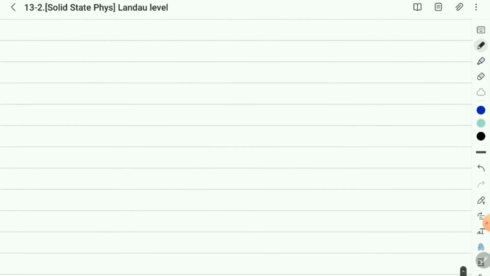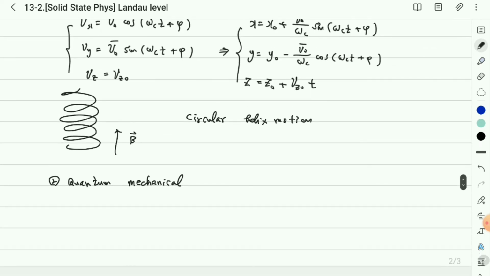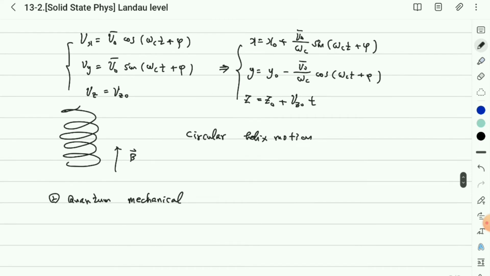Then in the quantum mechanical description, the important thing is the commutation relation.